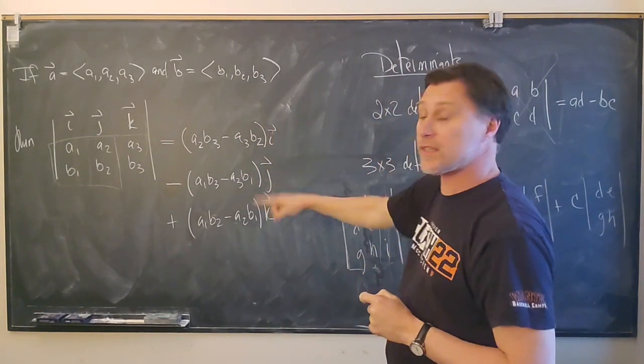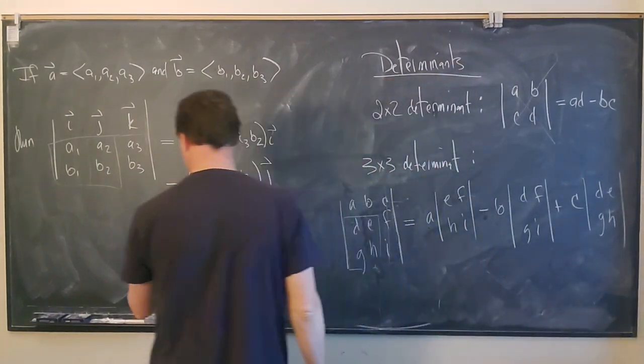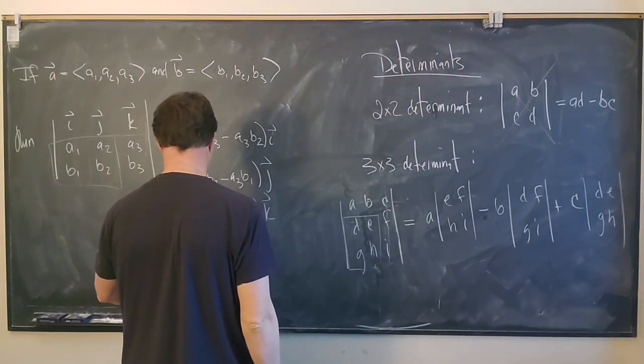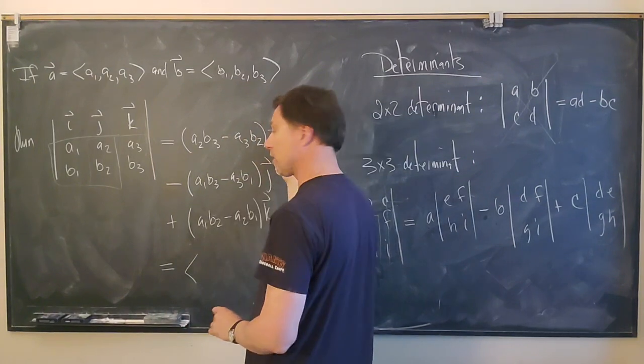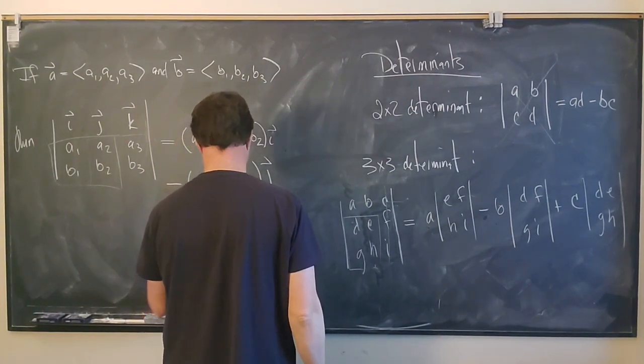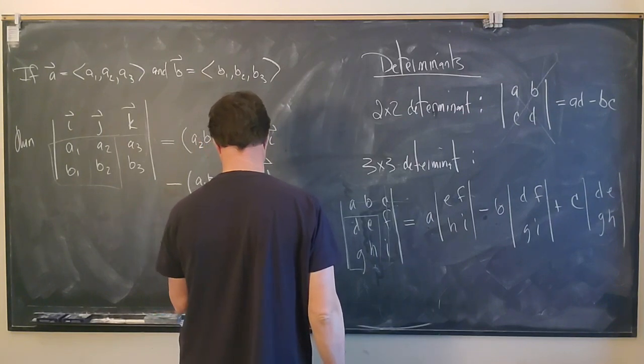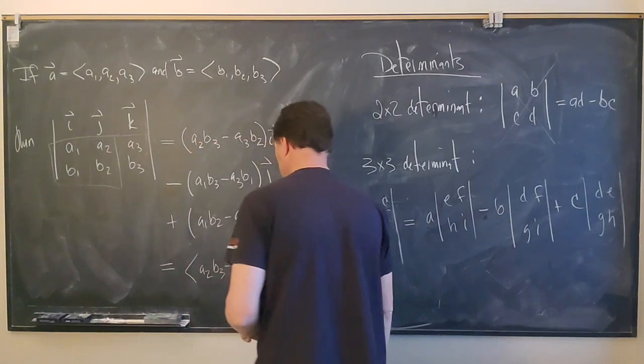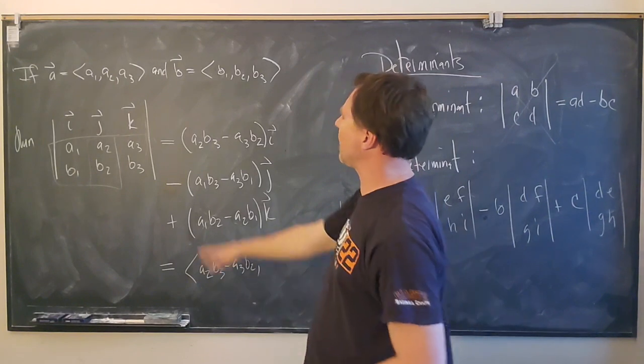Now, what this gave us here is a vector, and I'd like to write this now in angle bracket form. For the I component, that's going to be A2, B3 minus A3, B2. The next one, all right, I got a minus sign.